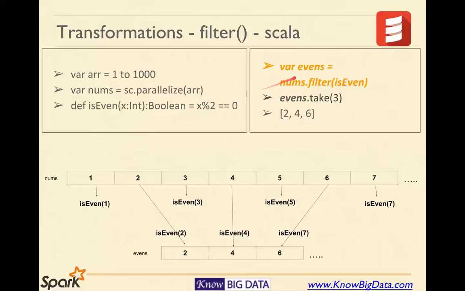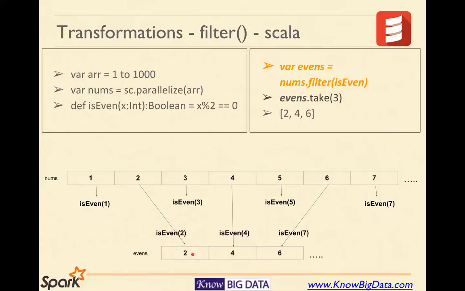Then when we say nums.filter, on execution, isEven will first be tried on 1, 2, 3, 4, 5, 6, and 7. If isEven returns true, its output would be kept in another RDD called evens. But since it returned false, its output was not kept.